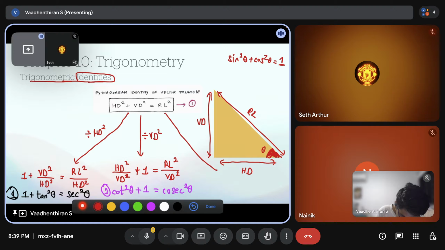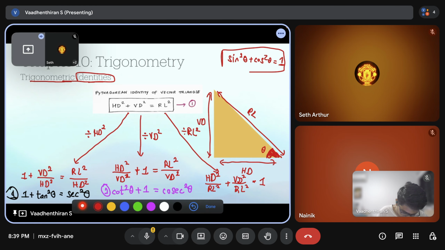The third identity is sine squared plus cos squared. You know how it will be formed. You use the same pattern and divide by RL squared. So HD squared over RL squared plus VD squared over RL squared equals 1. HD over RL is cos, so cos squared theta plus sine squared theta equals 1.